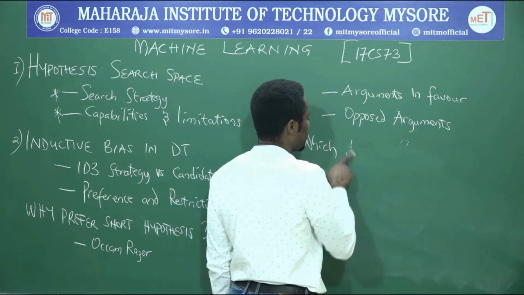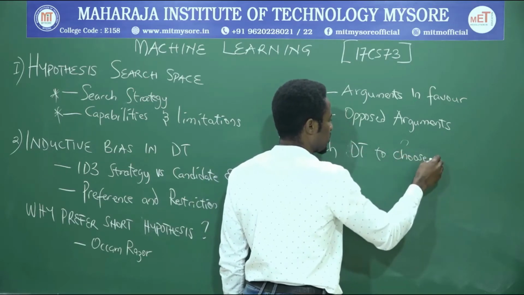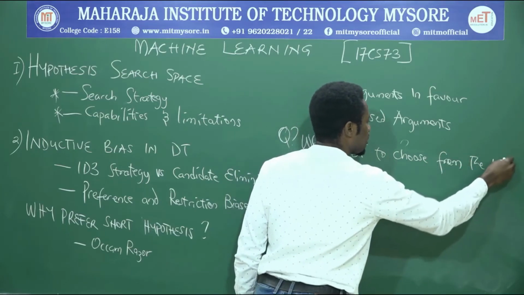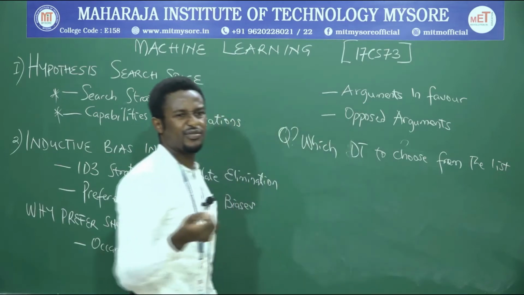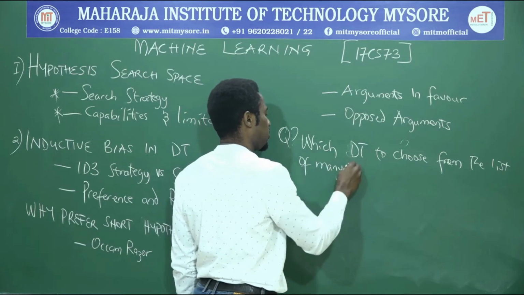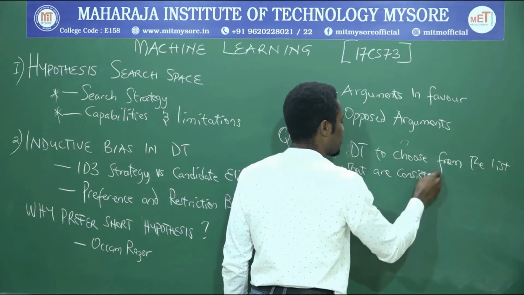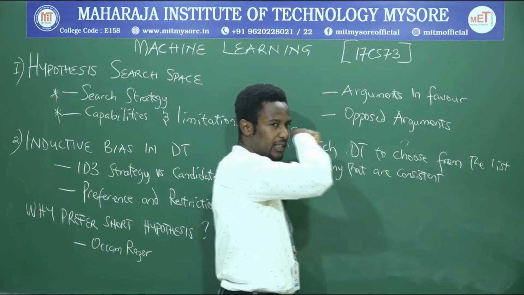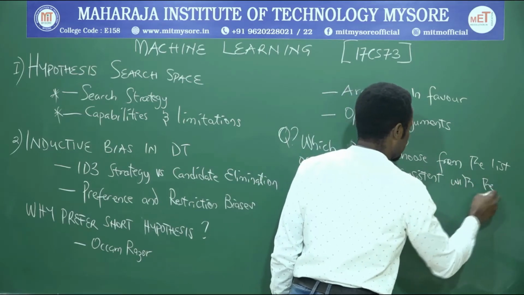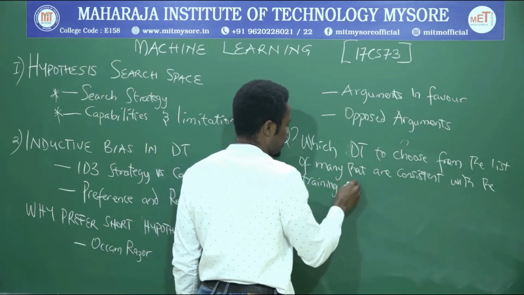Which decision tree, I will use DT for short, to choose from the list of many that are consistent with the training examples.